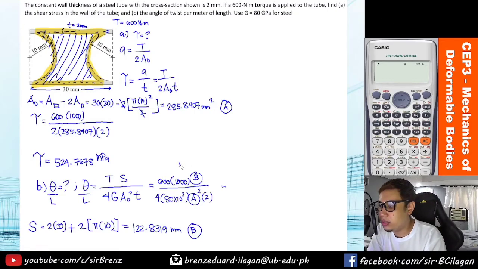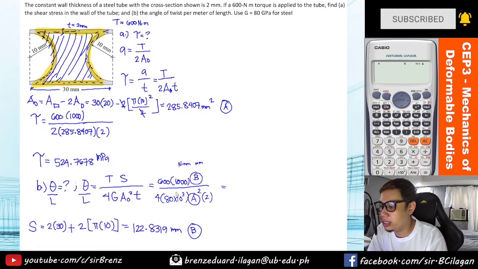So, ito, guys, is Newton mm. Tapos yung S, that is in mm. Etong isa, Newton per millimeter squared. Okay?